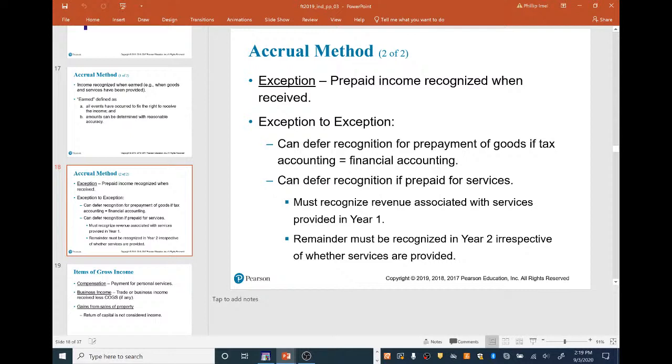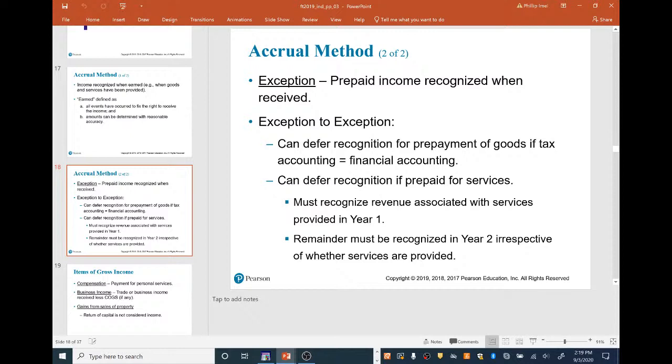Because if you recall from your intermediate course, companies have two different types of books. They have one book for tax purposes and one book for financial reporting purposes. Usually these are two different amounts, which triggers deferred tax assets and deferred tax liabilities. But if you operate on the income tax basis, then that's not going to be an issue. So that would be the case for this right here.